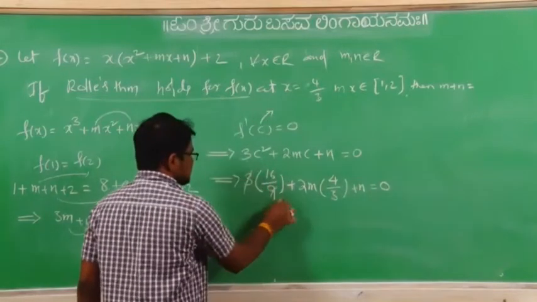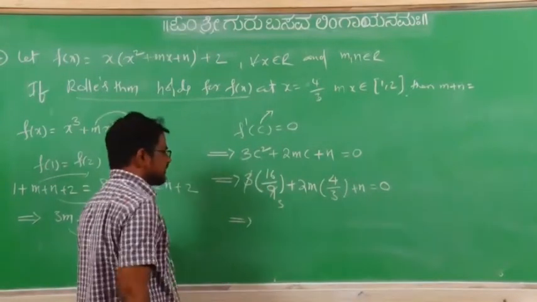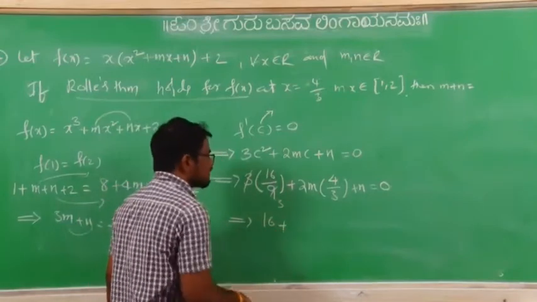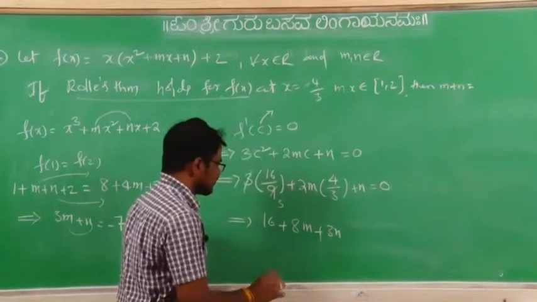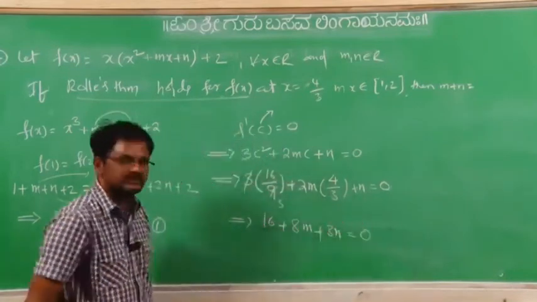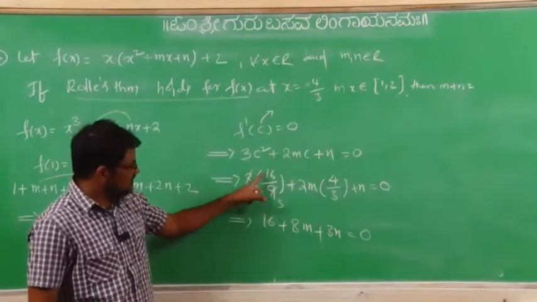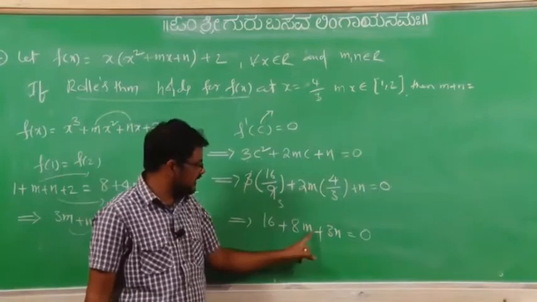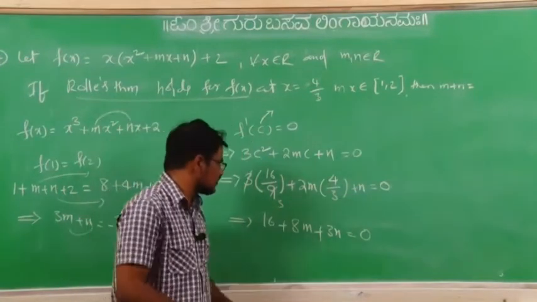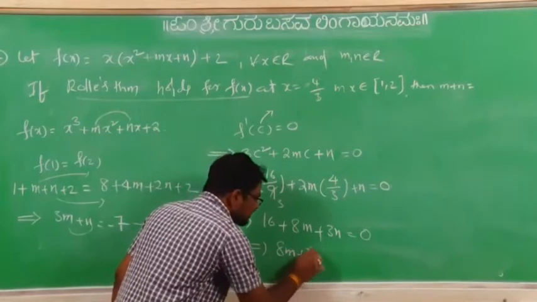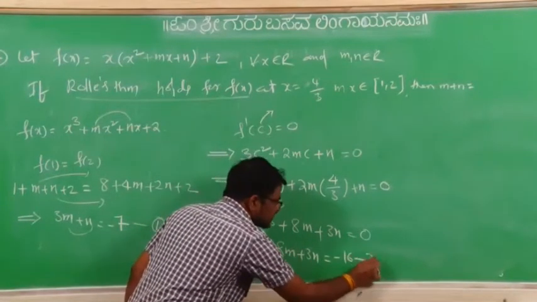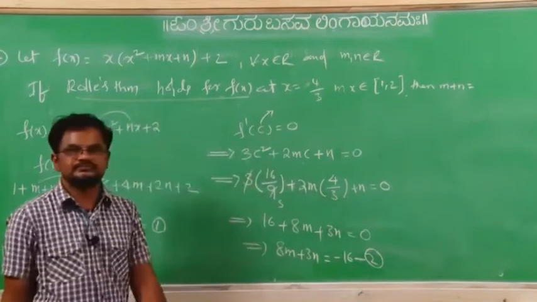Here this is 3 times. So taking LCM, 16 plus 8m plus 3n equal to 0, right? That implies 8m plus 3n equal to minus 16. Take this as equation number 2.